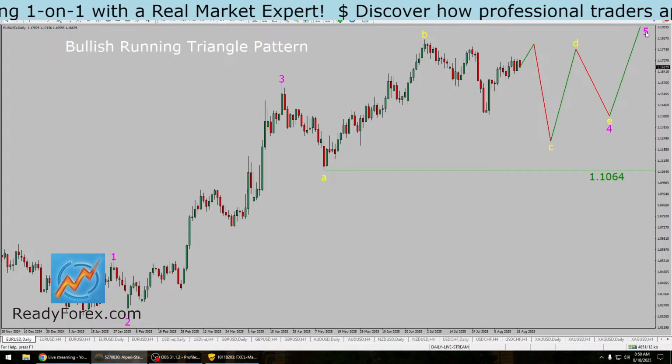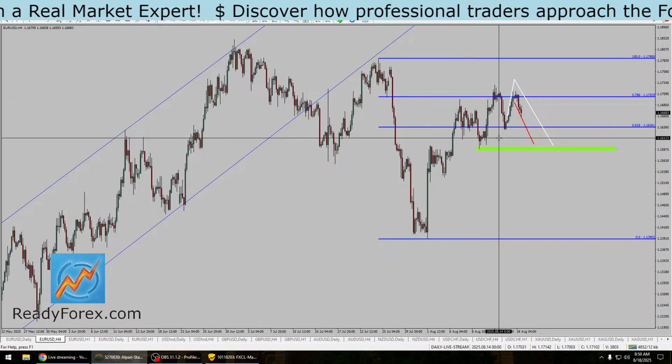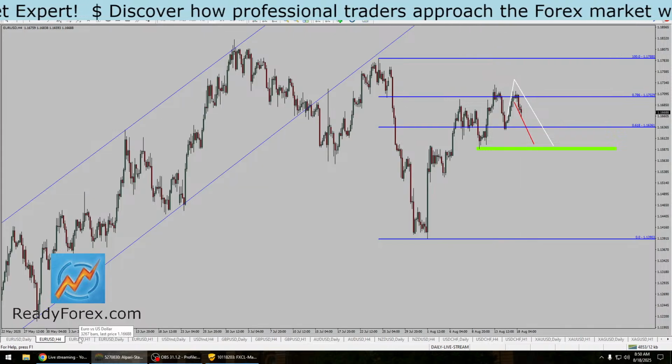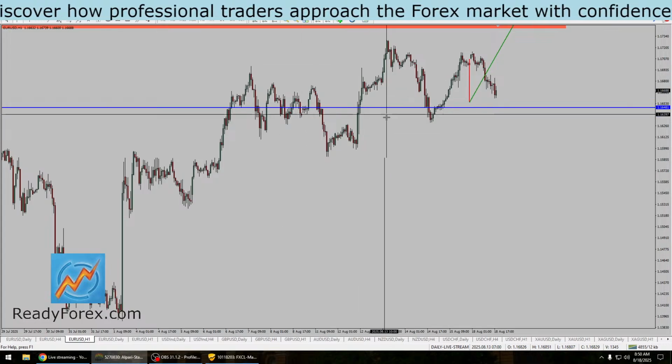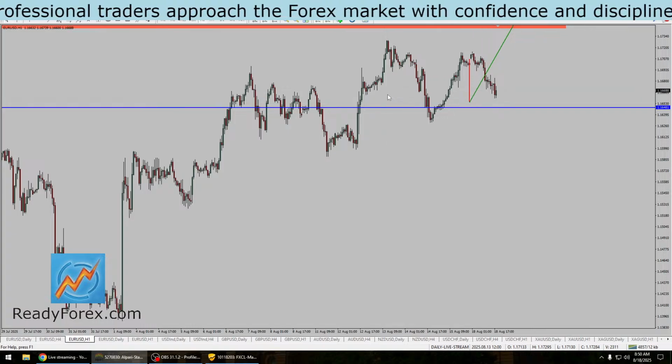Let's take a look at 4 hour. We got this rally, then a pullback, then a rally, then a pullback again. Euro dollar shows us a nice uptrend over here.